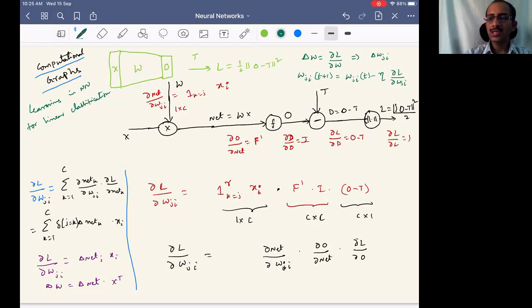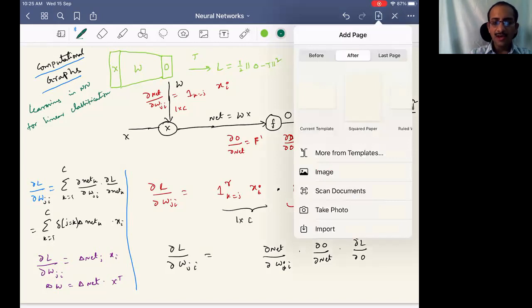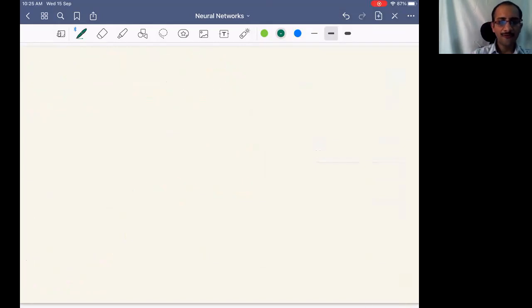Fine, good. So now let us see a little more difficult or complex problem. If we have a neural network of more layers, then what do you think we can do?